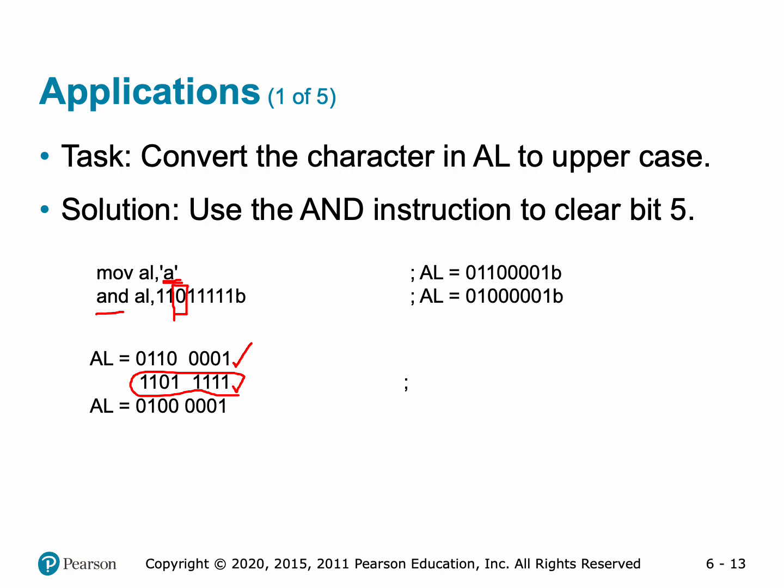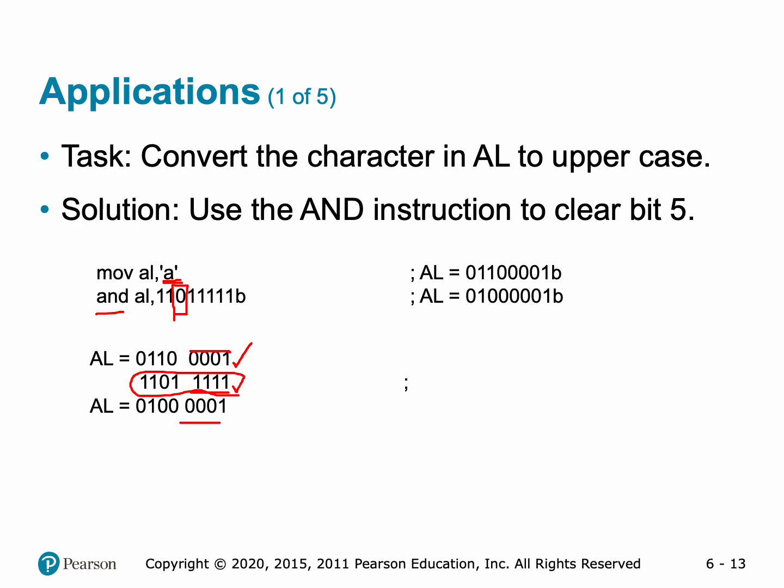By having all 1s in bits 0, 1, 2, 3, this stays the same as the original. So 1 and 1 is 1, 0 and 1 is 0, 0 and 1 is false, 0 and true is false.